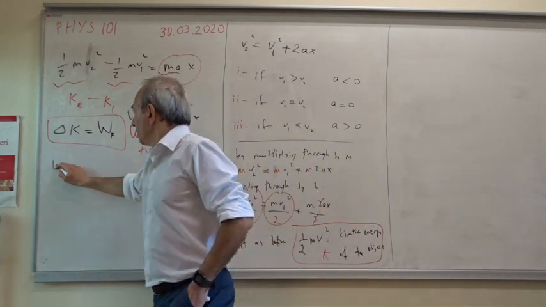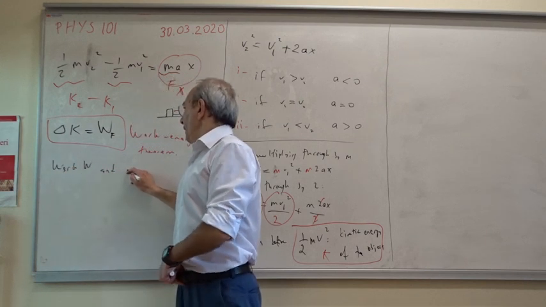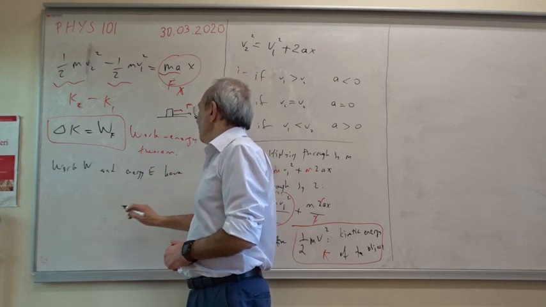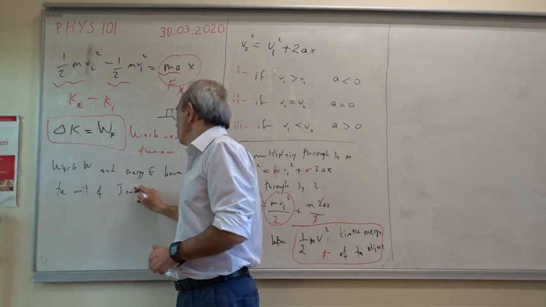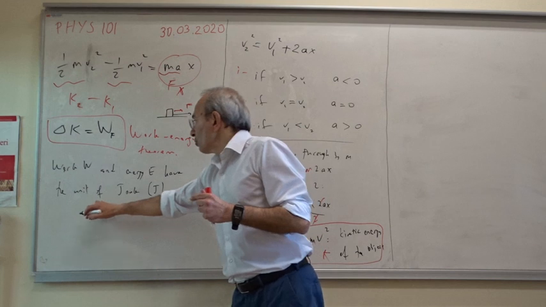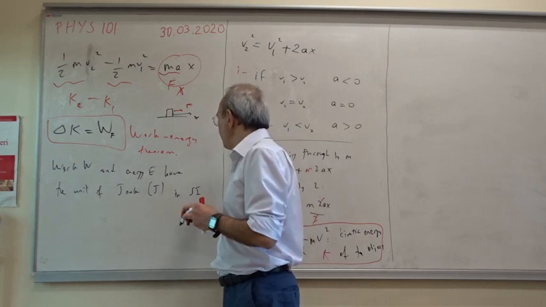So energy, work W, and energy E have the unit of joule. Capital J is the abbreviation. Unit of joule in SI. What is SI? It is Système International.